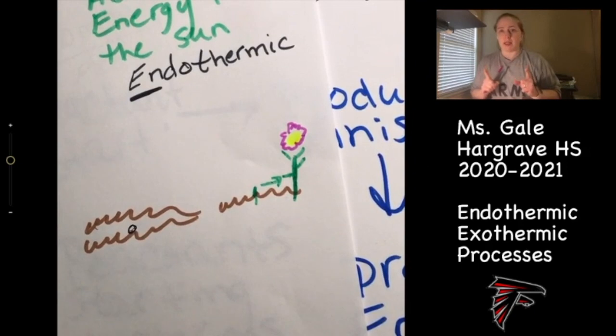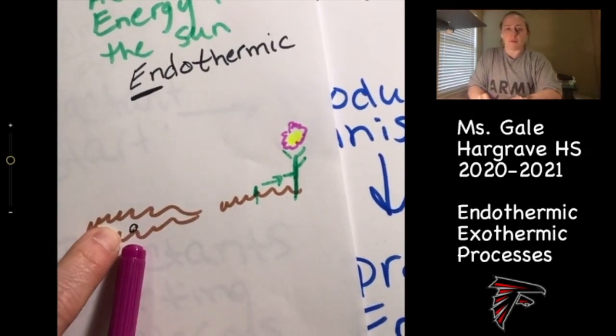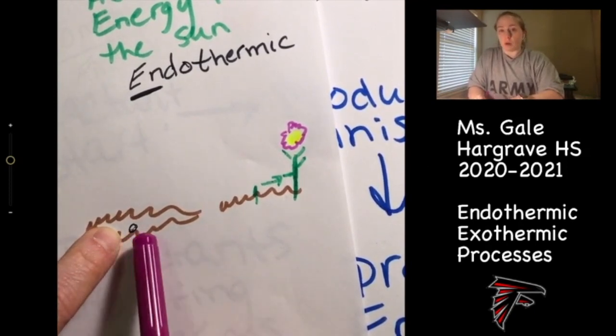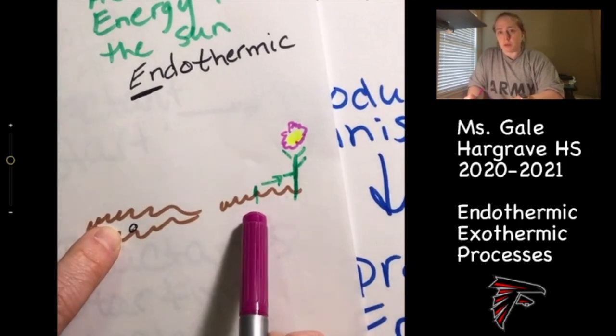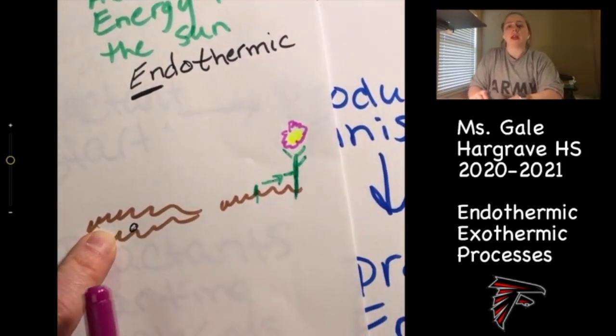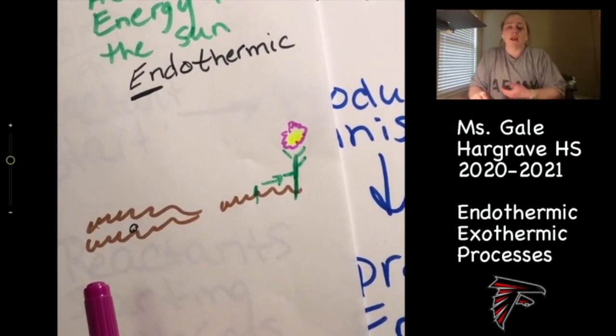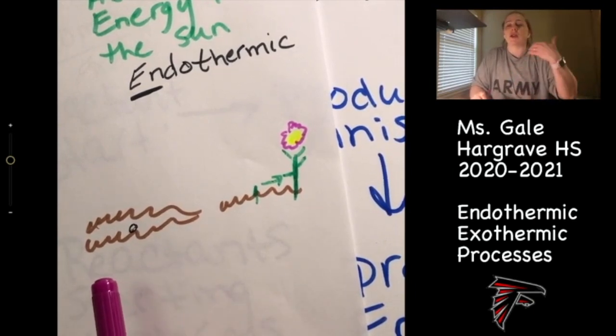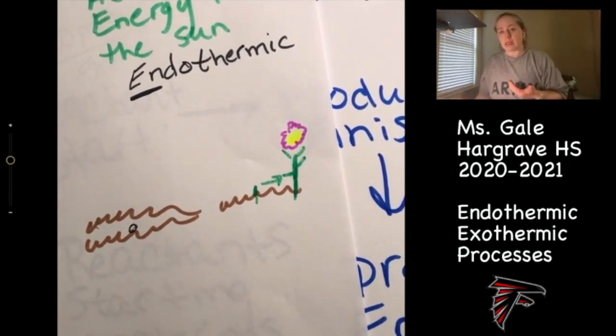My reactant for endothermic, I started with the seed. That didn't have a whole lot of energy. And it absorbed energy into a full grown plant that can give us our tomatoes, our potatoes, our corn, our bananas.